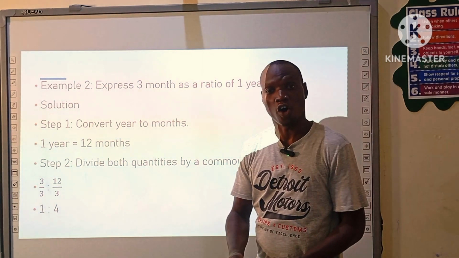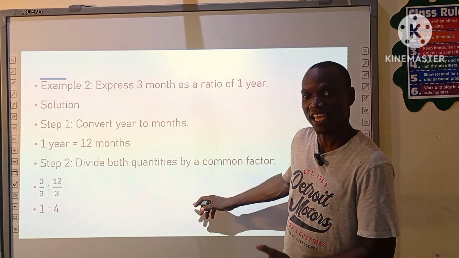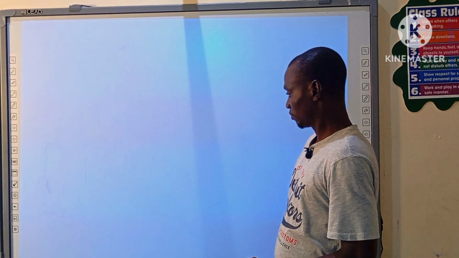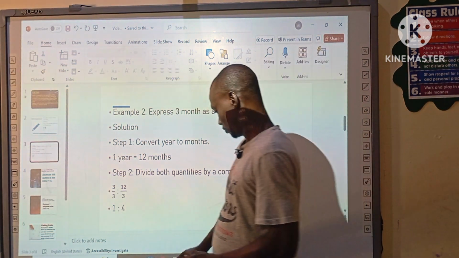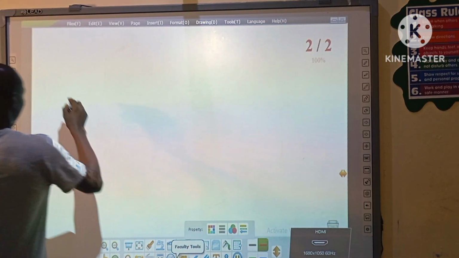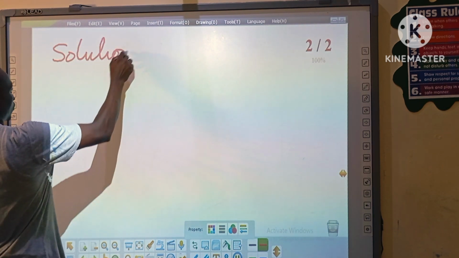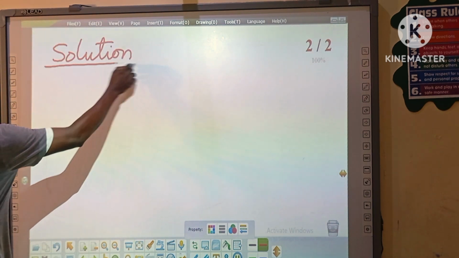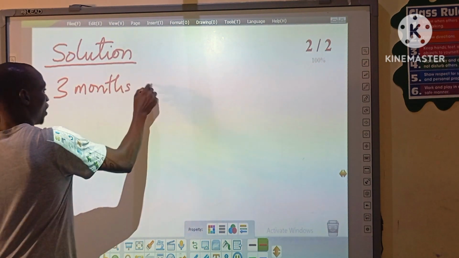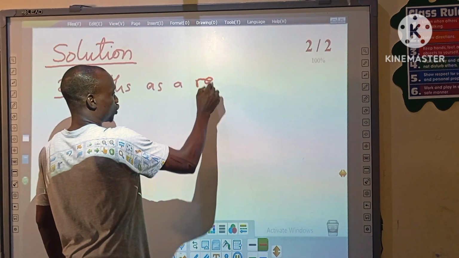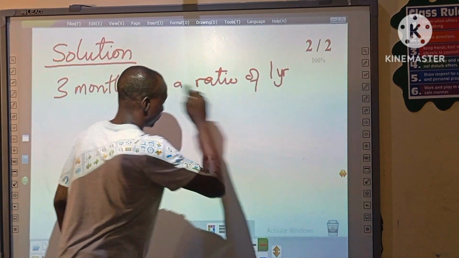Let's go back to our board and deal with this question the way it was supposed to be. So our solution. We were told to express 3 months as a ratio of 1 year.